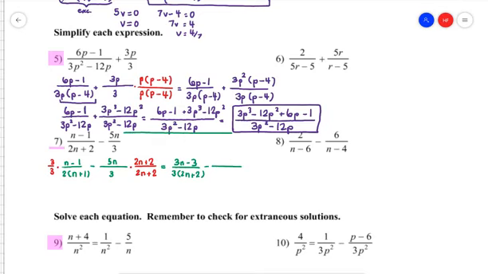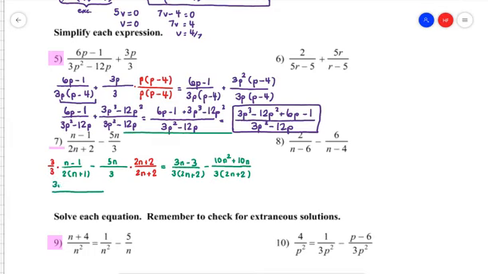On the right side, we've got 5n times 2n, which is 10n squared, 5n times 2, which is 10n, and 3 times 2n plus 2. So now they have a common denominator. I can subtract on top.